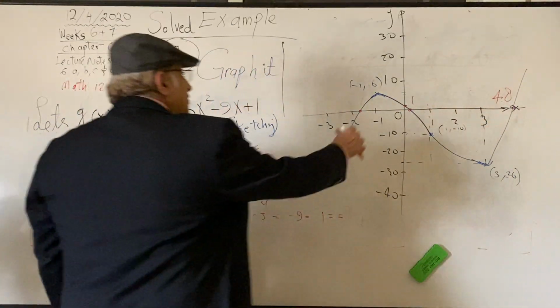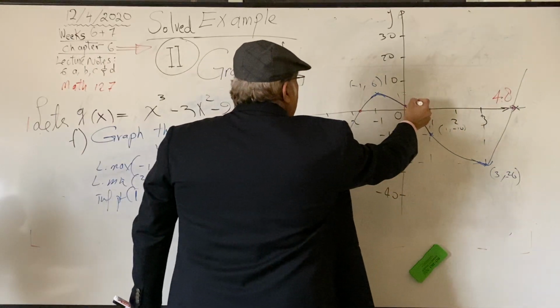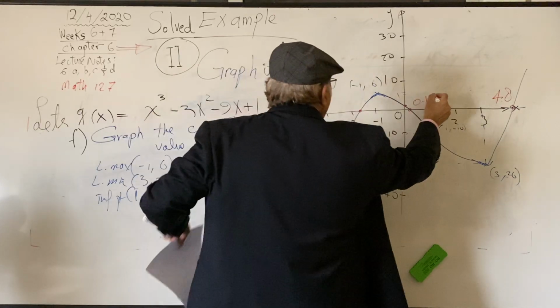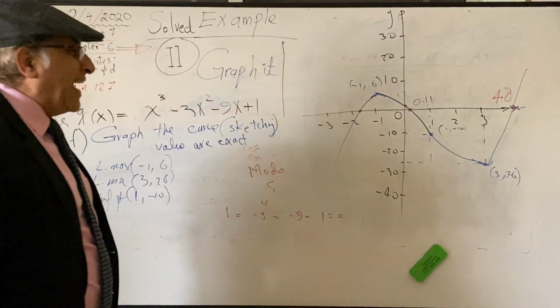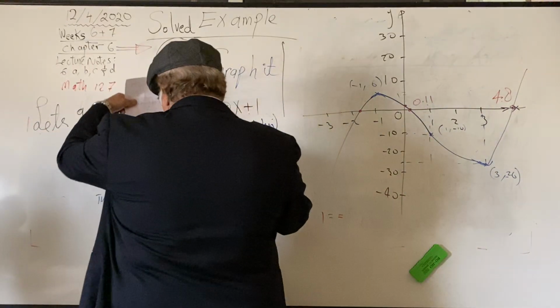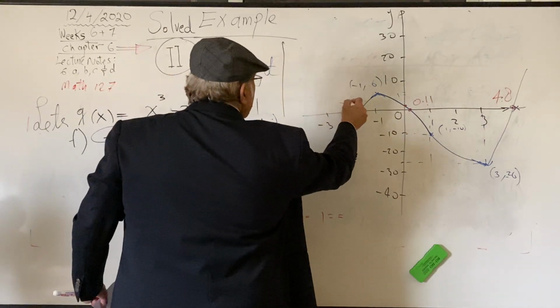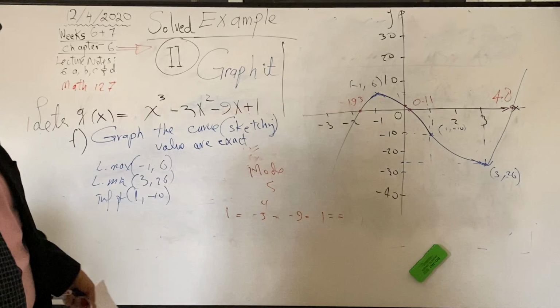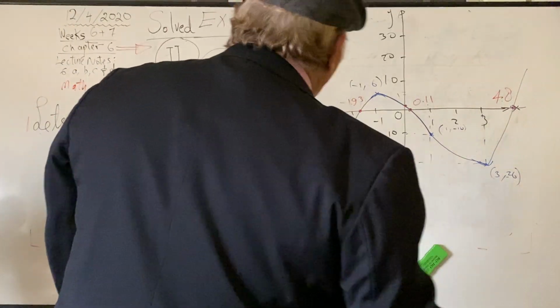The second answer, it's a 0.19, I believe, 1. And the third x-intercept, it's a negative 1.93. This one. Now you are having a very nice sketch of your graph.